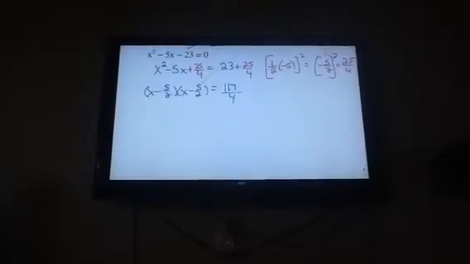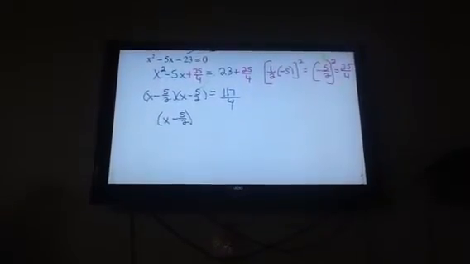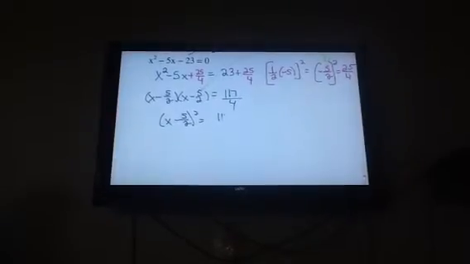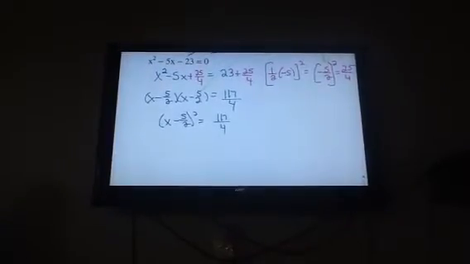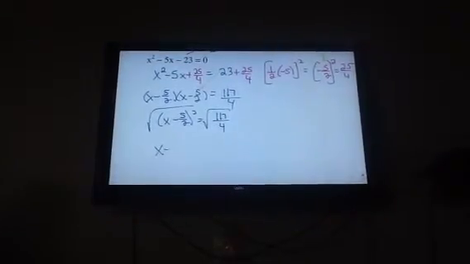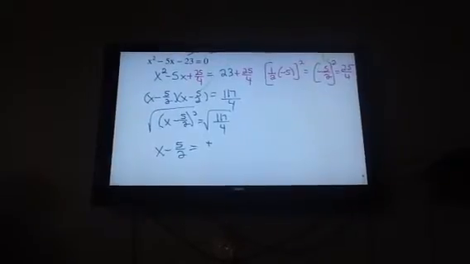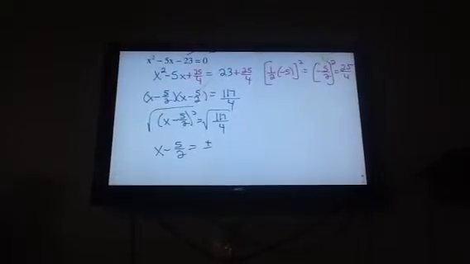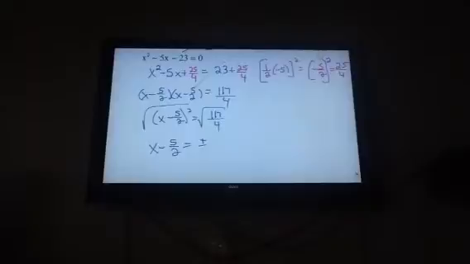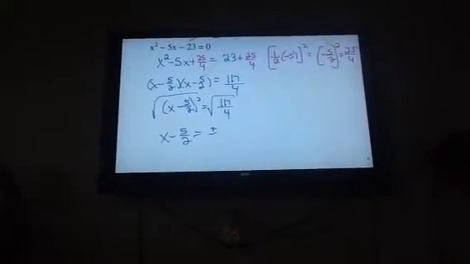Write the left side as a quantity squared. And then square root both sides. I don't think 117 has a square, but just let me check something real quick. Oh my gosh, it does. It's 9 times 13.